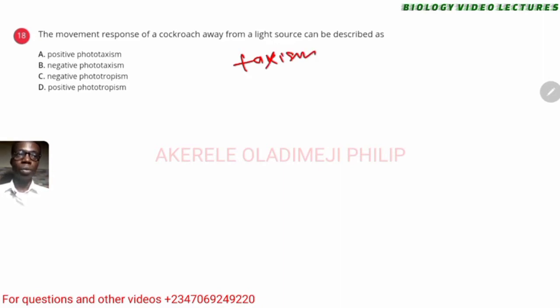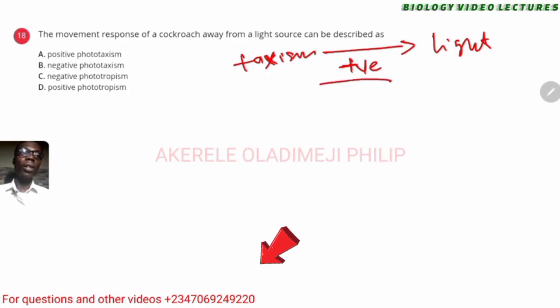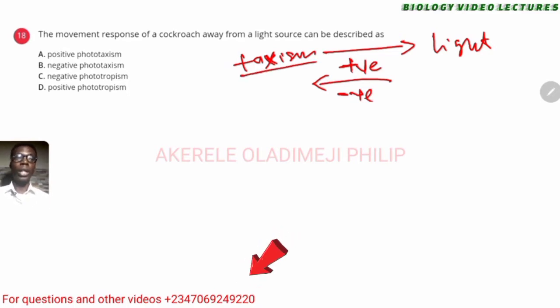If you are moving towards a stimulus, let's say this is light here, you are moving towards the light, we call that positive taxism. All right, and if you are moving away from it, we call it negative. This doesn't apply to taxism alone, whether it is tropic movement or tactic movement like we have here.